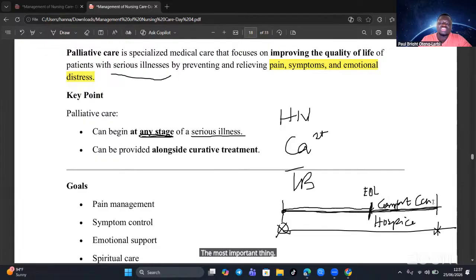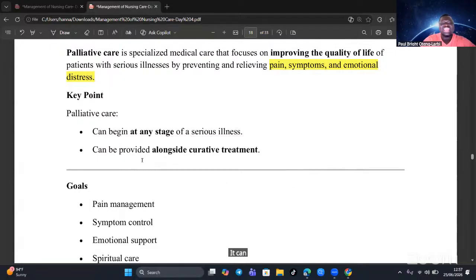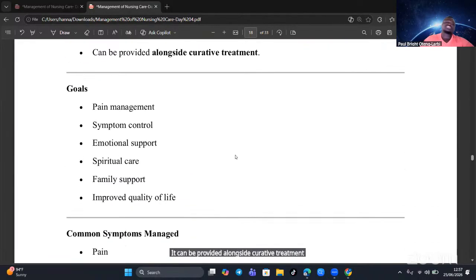Comfort care. Some people call it comfort care. Nursing to a peaceful death. In Ghana, that's how they say it. Okay. Yes. So inside palliative care, you find what hospice care. That's it. It can be provided alongside curative treatment and all those stuffs.